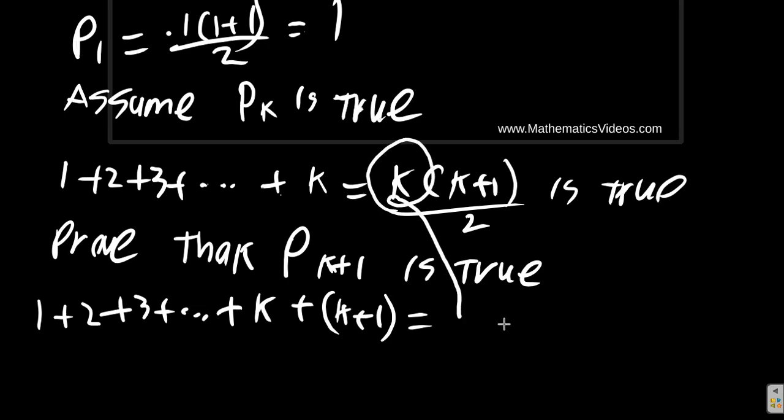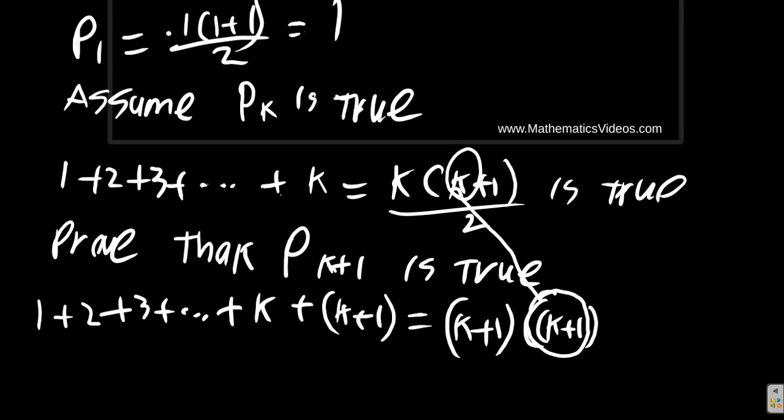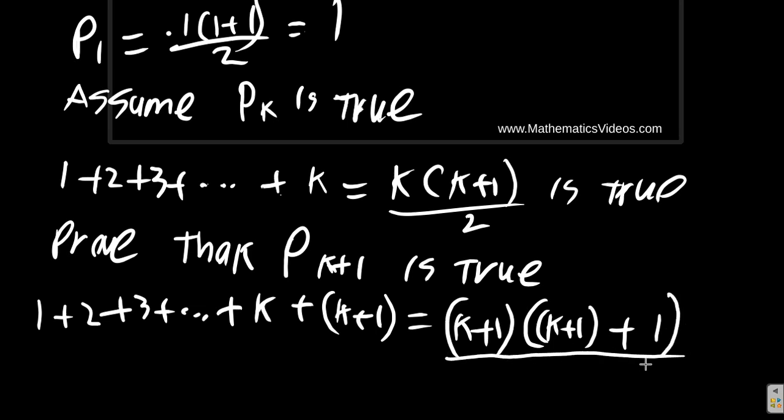So this k plus 1 times, this bracket is going to come here now, open bracket. This k is replaced by k plus 1, so let's put it in its own bracket. Then plus 1, and then all of this over 2. We're going to prove that that is true.